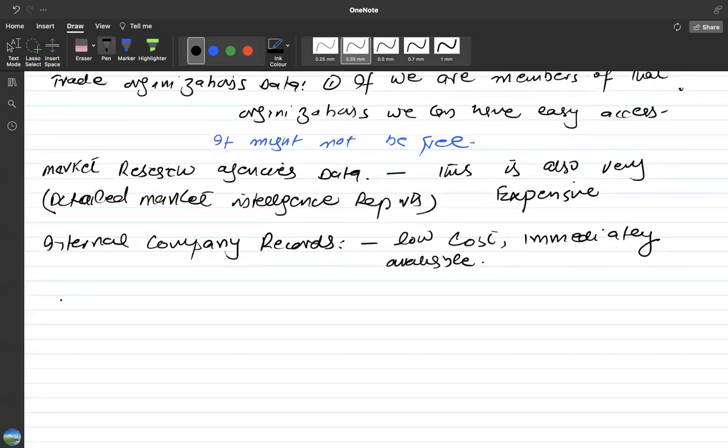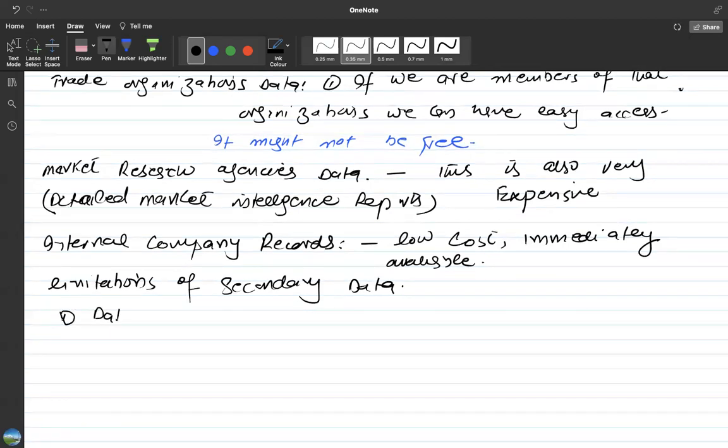But if we talk about the limitations of secondary data, there are many. First of all, data may be out of date and might not be equally useful right now.